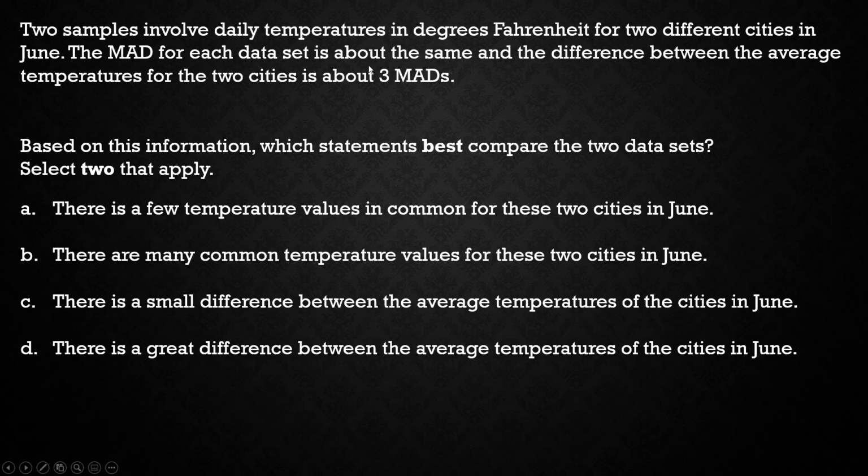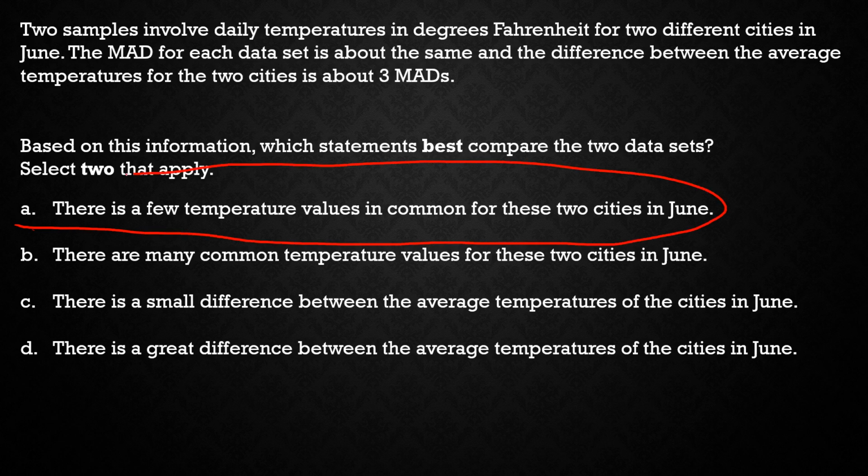The mean absolute deviation is about the same. So since they are about the same for their mean absolute deviation, I would say that they do have a few values in common, right? Think about when we found the averages of the volleyball and the soccer players. They had a few numbers in common, which is why their mean absolute deviations were almost the same.